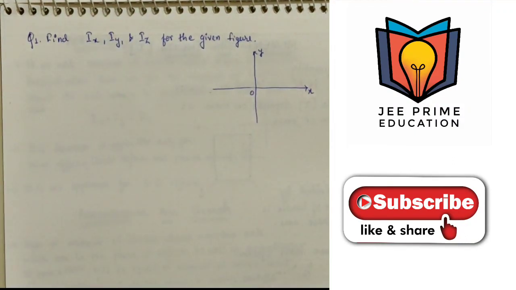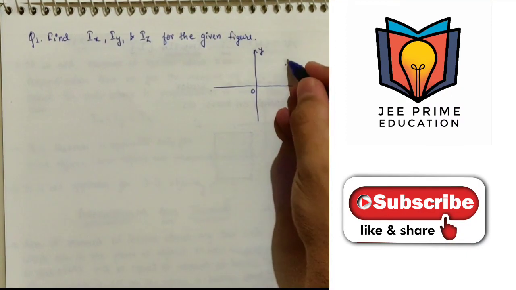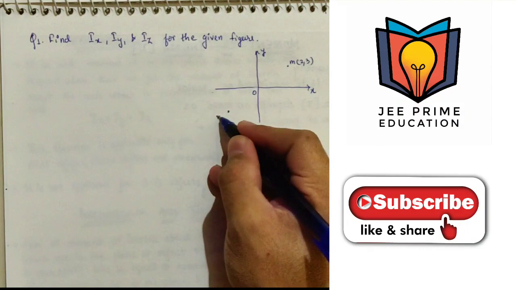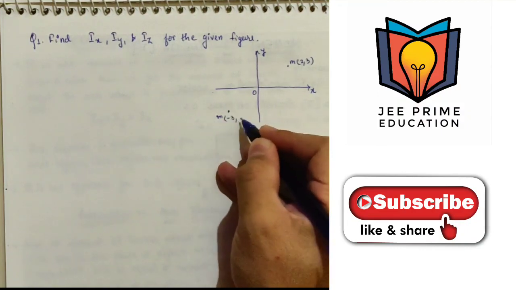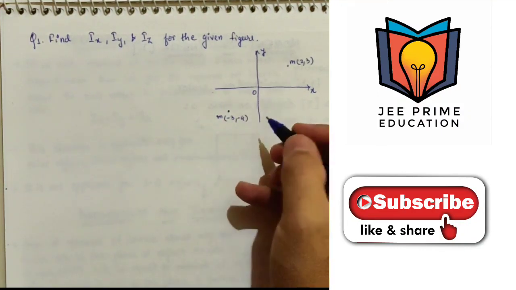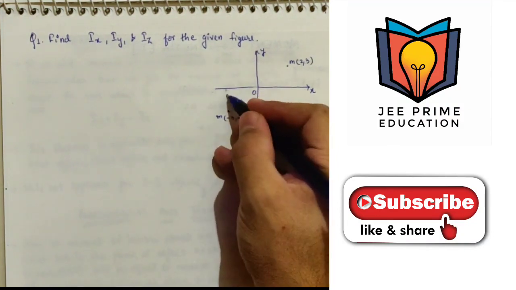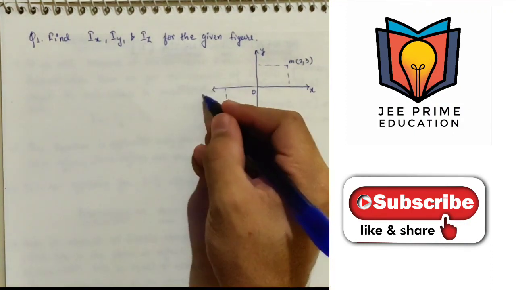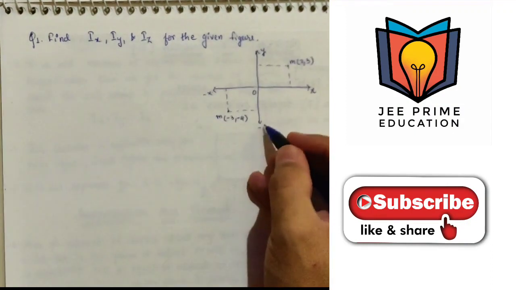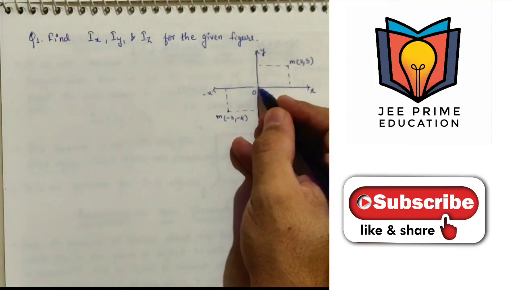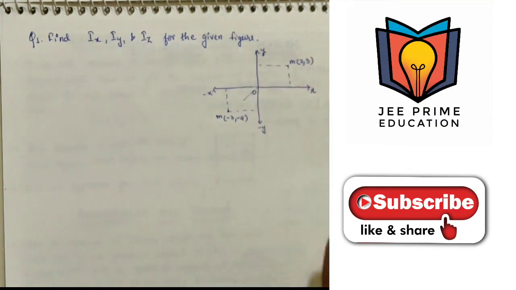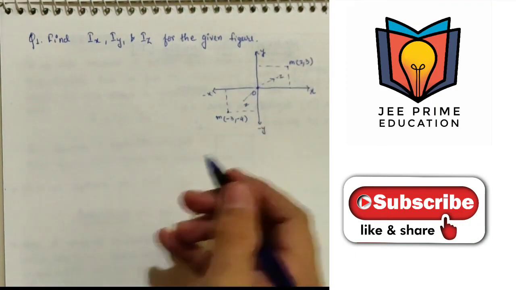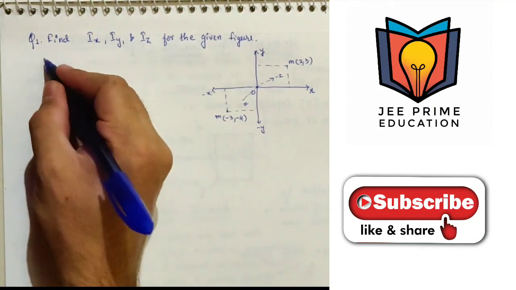We have 2 point masses as m having coordinate 2, 3 and m having coordinate -3, -4. This is -x, -y and this is our z-axis, which is perpendicular to it. Okay, so let's find Ix.